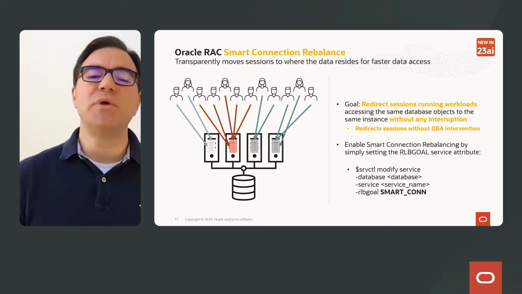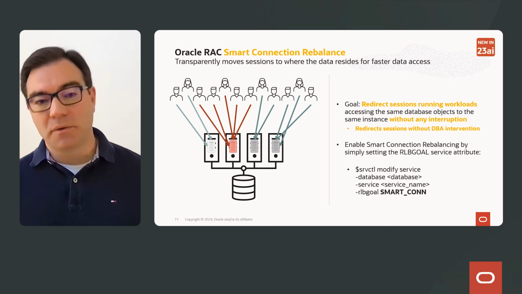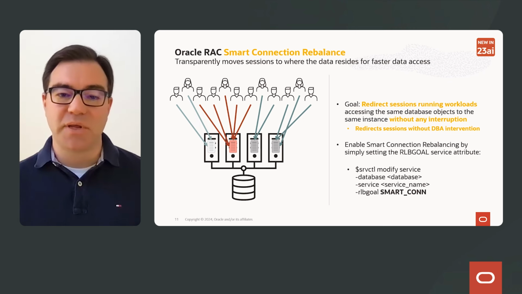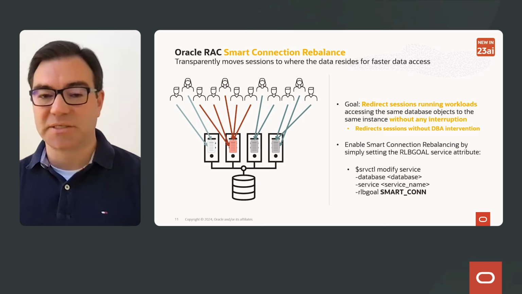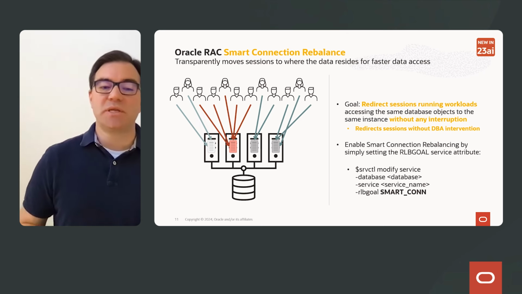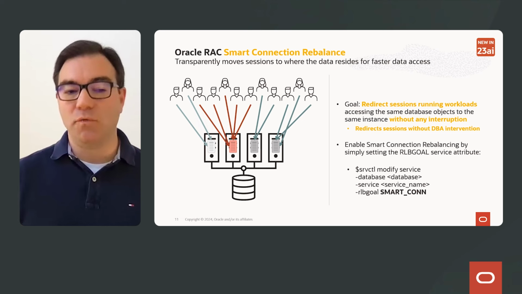Now, Smart Connection Rebalance itself benefits from another enhancement, or a couple of enhancements, but one in particular that we have introduced in Oracle Database 23 AI, which focuses on the way we can relocate sessions. And that base enhancement is used in context of another feature called Smart Planned Failover.